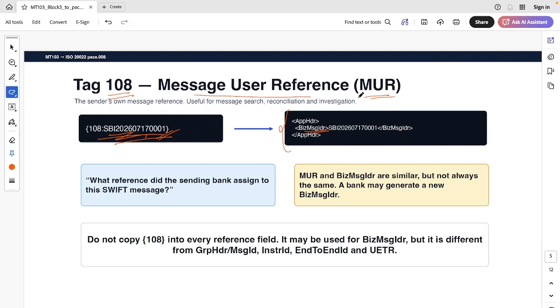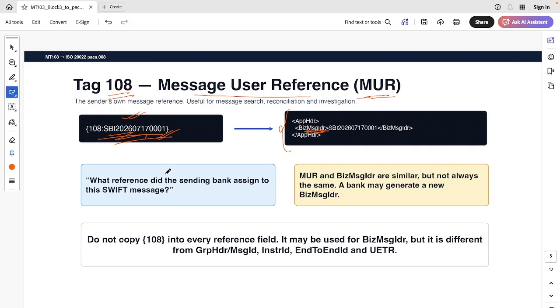Because the MUR and this business message identifier both identify a message, using the MUR as a source for the business message identifier can be a reasonable translation design. However, it's not a universal rule. The bank may generate a completely new business message identifier when constructing the pacs.008 and not capture this exact value.